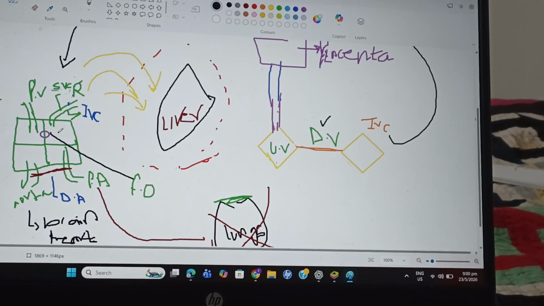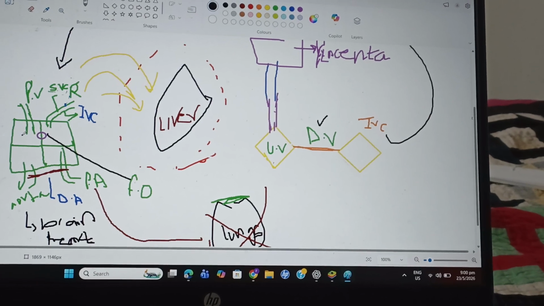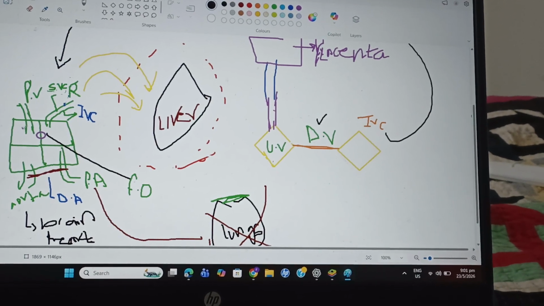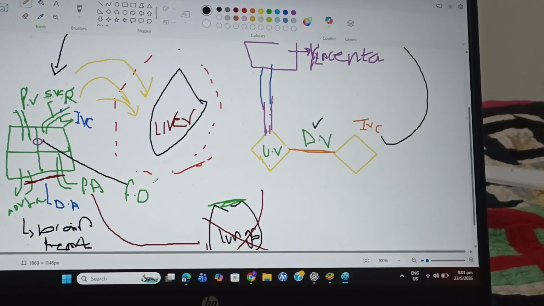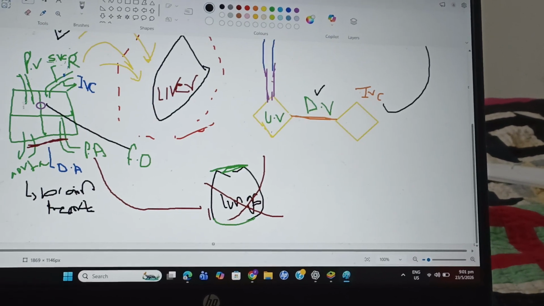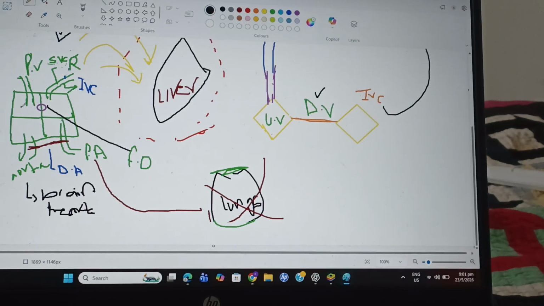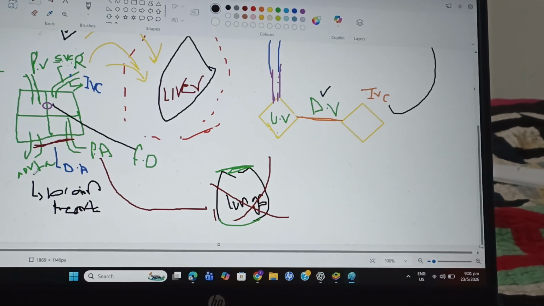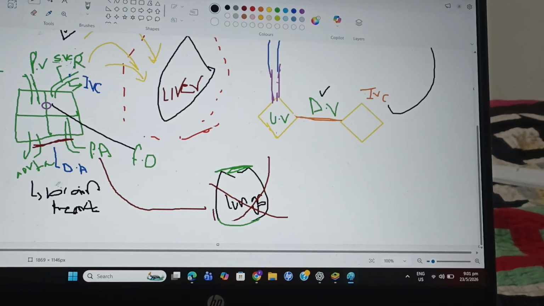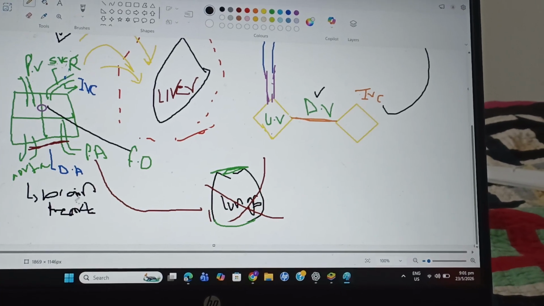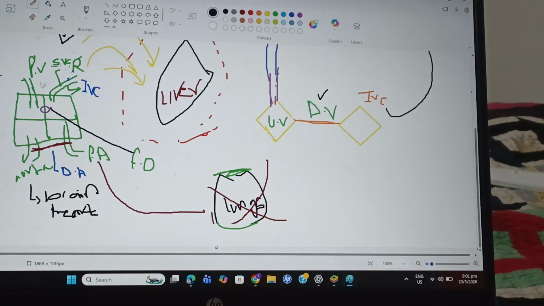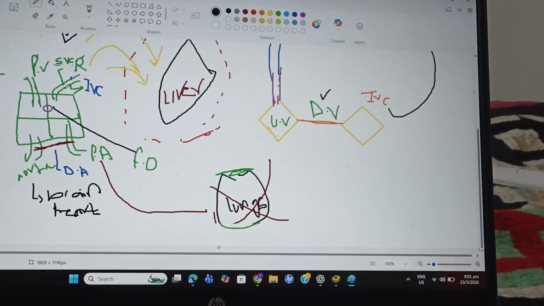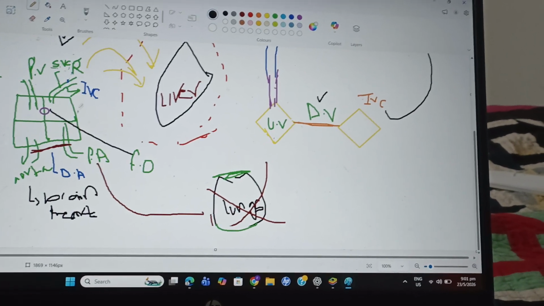Now oxygenated blood goes from the right atrium to the left atrium by the foramen ovale. This is the second shunt. From the left atrium, the blood goes to the left ventricle. From there, the blood goes to the aorta, and from there to the brain and heart. And the superior vena cava carries deoxygenated blood, and it goes to the right atrium.